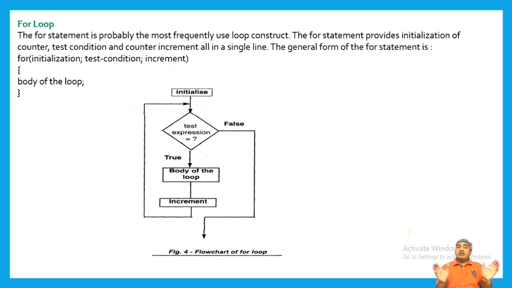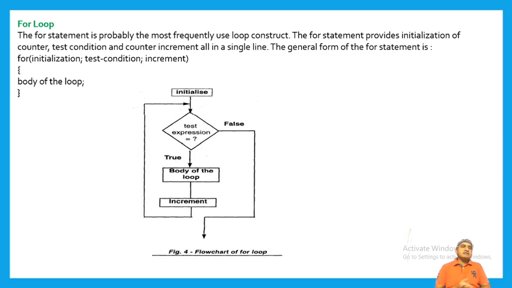For is one of the keywords. These three conditions are in the parentheses. It is not terminated with a semicolon, but the initialization, test condition and increment are separated by semicolons.